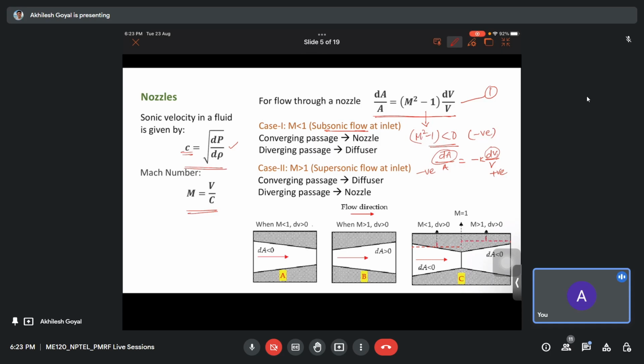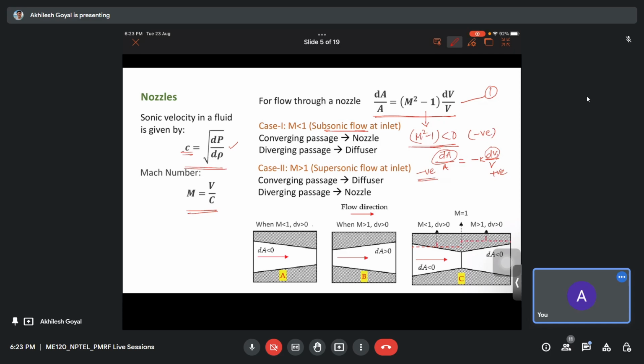Okay, so to reiterate, for case 1, that is subsonic flow, the velocity is less than sonic velocity, Mach number less than 1. This M square minus 1 becomes less than 0, that means it is a negative value. Now dA by A is equal to minus some value k into dV by V. So for a converging passage, the area is reducing continuously, that means dA is a negative value.